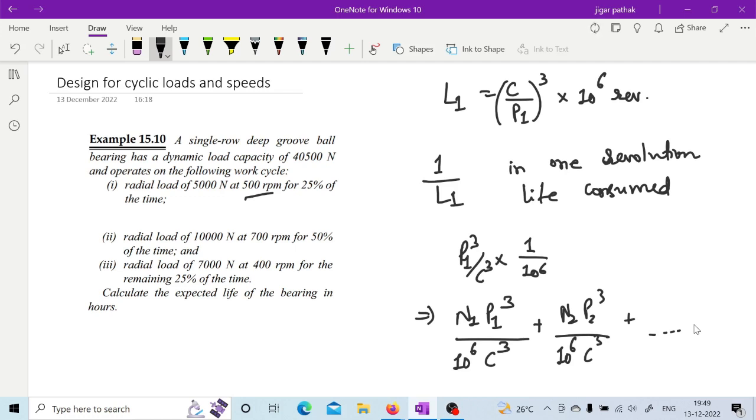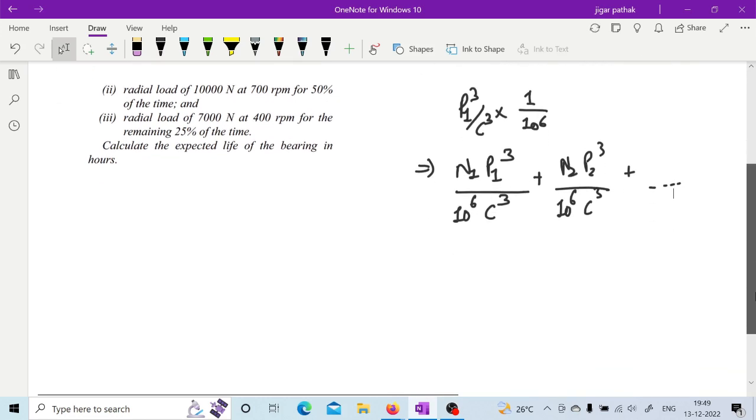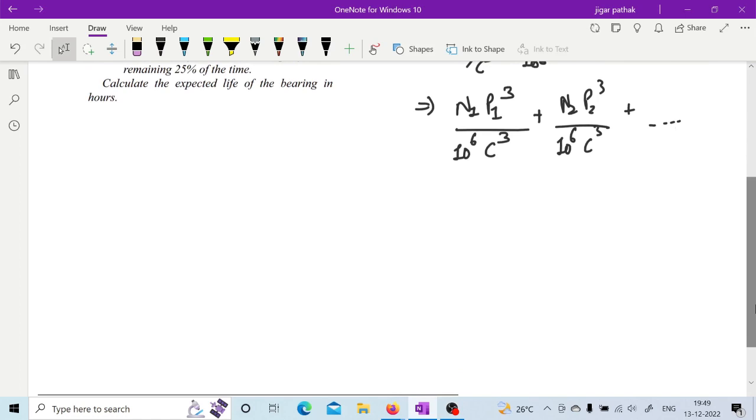Now all these different loads and different RPMs can be equated to a particular equivalent load.